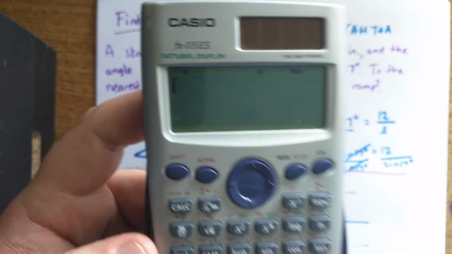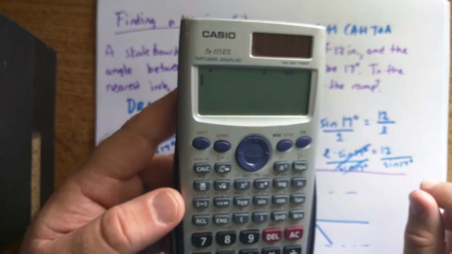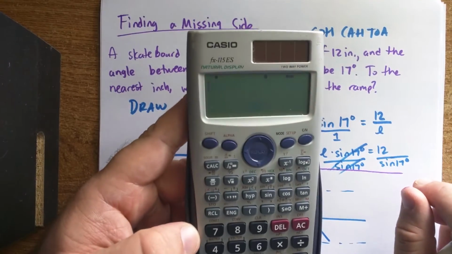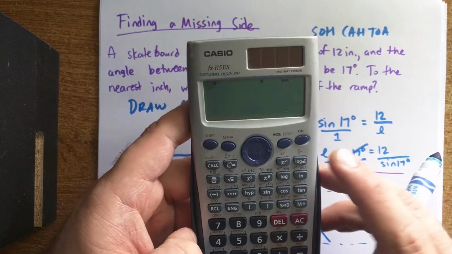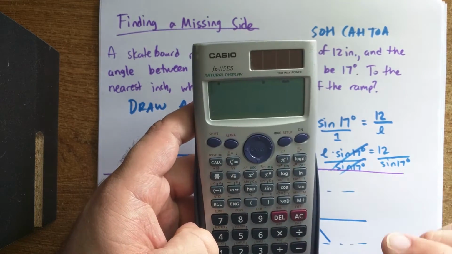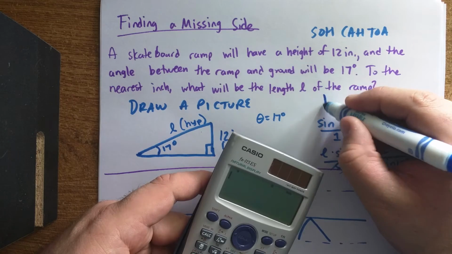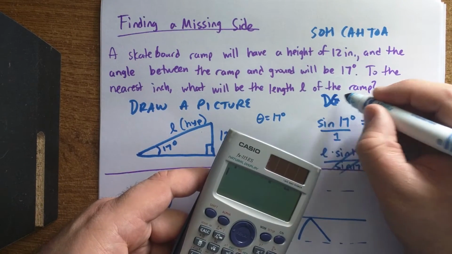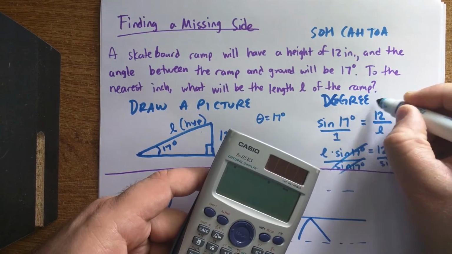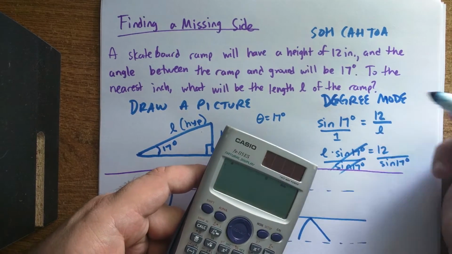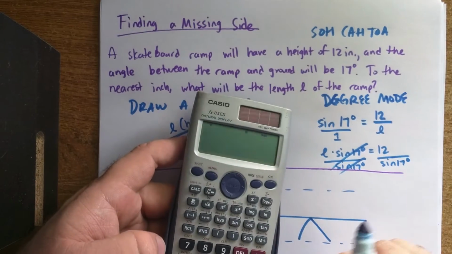D stands for degrees, and that's the mode that we need to be in. Some of your calculators might be in radian mode, and I'll go over more of that in class. But your calculator needs to be in degree mode. I want you to make a note of that as well. Degree mode. Because if you're not in the right mode, you're not going to get the right answer.